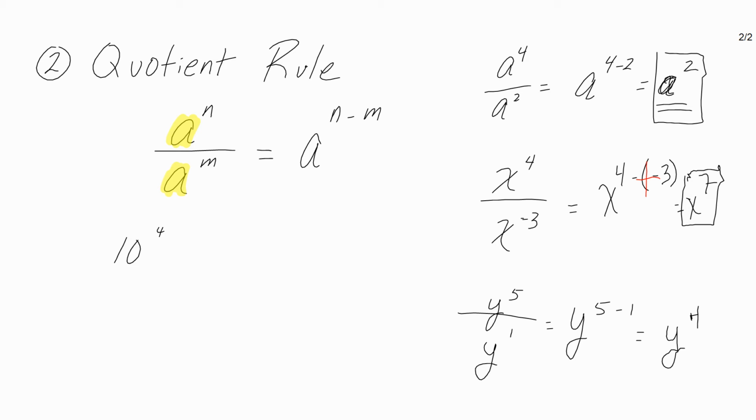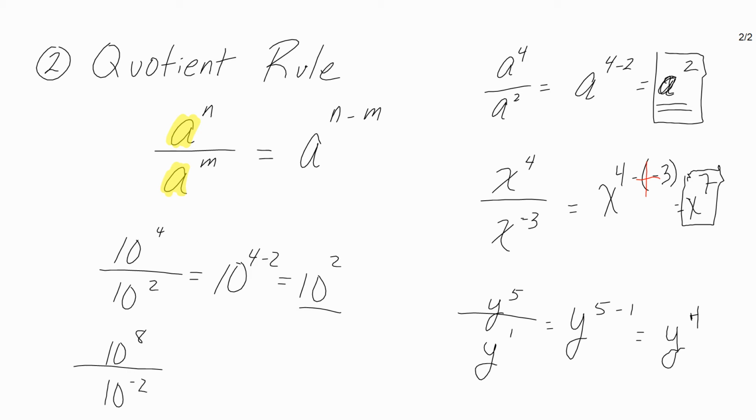10 to the 4th over 10 to the 2nd is equal to what? 10 to the 2nd. 10 to the 8th over 10 to the negative 2.